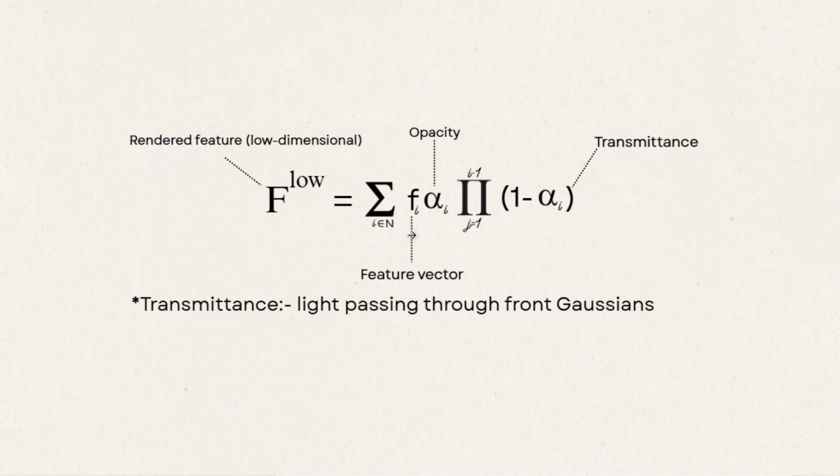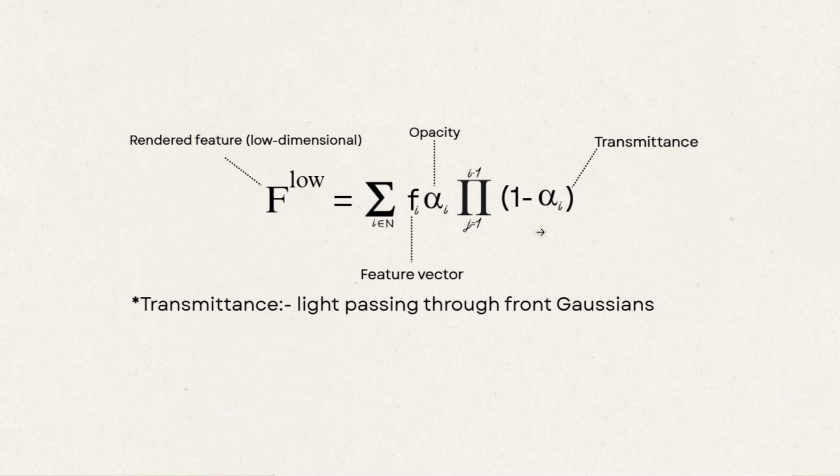It's just a fancy way of saying that we blend the contribution of each Gaussian based on their own transparency and depth. And when it comes to features, they use the same compositing weights to blend the F vectors, only after decoding them into a higher dimensional space.